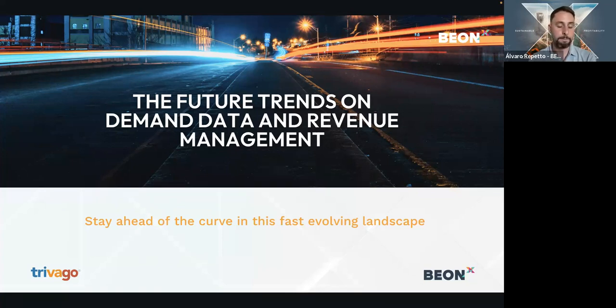But also, I've already talked a lot about this, the idea of customizing everything as much as we can to provide specific pricing, specific products for each guest. It will be the future. We already saw some partners working on creating a specific experience for each guest as well.